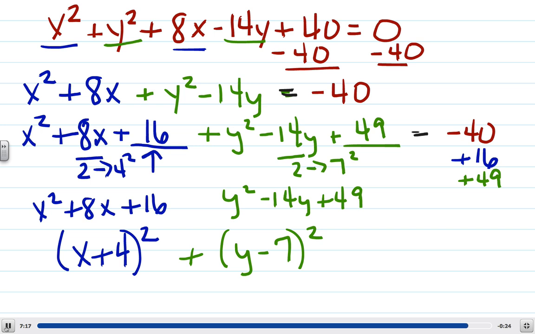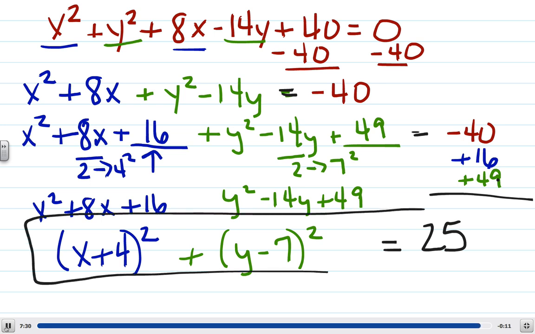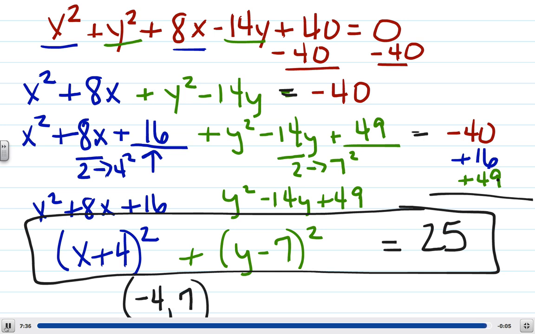And then my other side is going to equal, see, 49 - 40 gives me 9, 16 and 9 gives me 25. And so now I have my equation, and I can tell that my center is at (-4, 7) and I have a radius of 5.